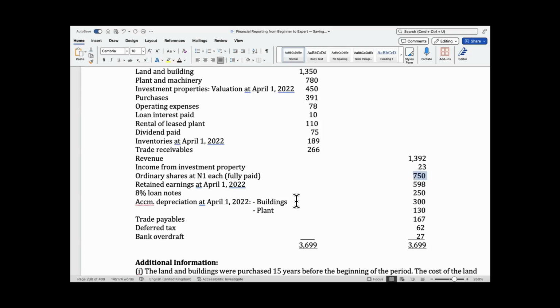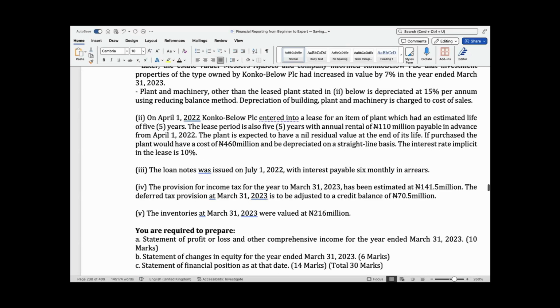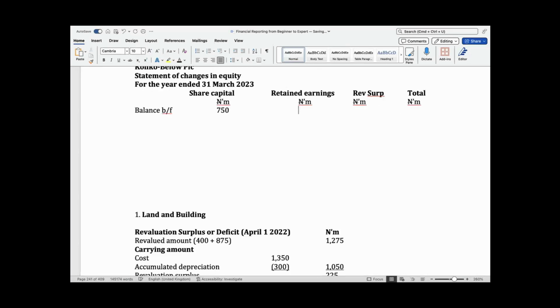Okay. Can you add the two together, please? 750 plus 598. 1,348. Okay.